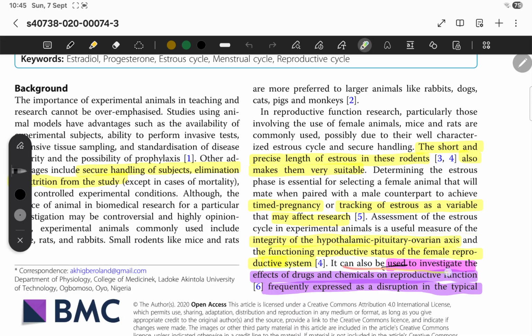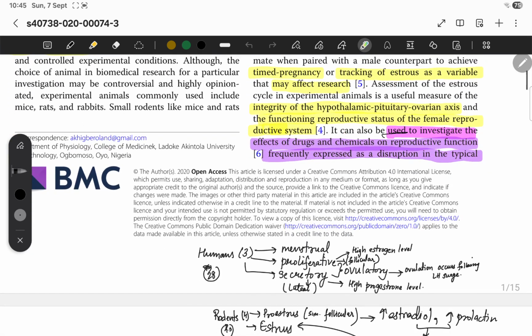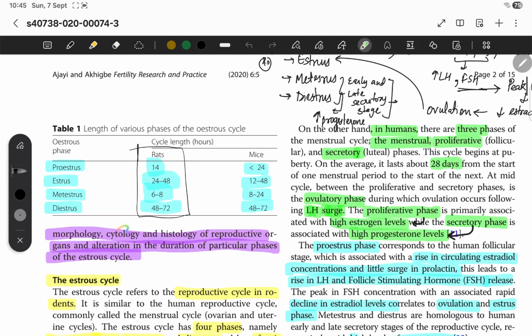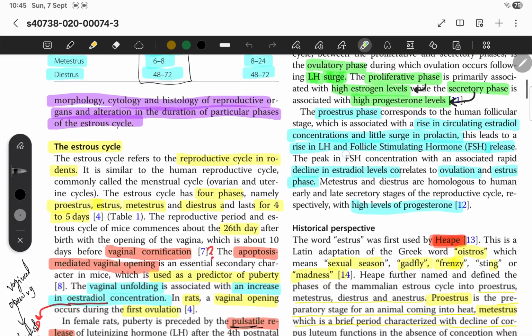It can also be used to investigate the effect of drugs and chemicals on the reproductive function, frequently expressed as the disruption in the typical morphology, cytology and histology of reproductive organs and alteration in the duration of particular phases of the estrus cycle.